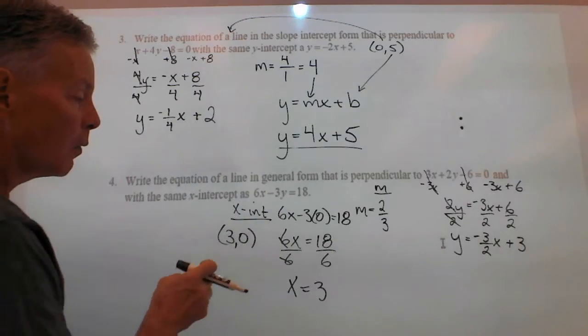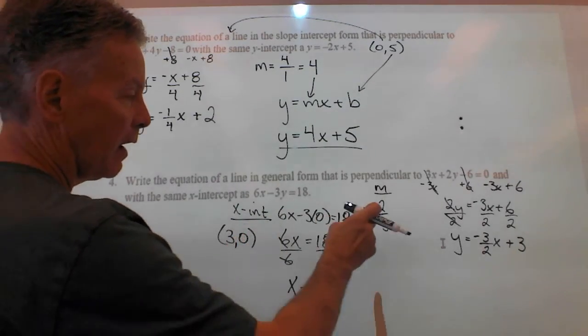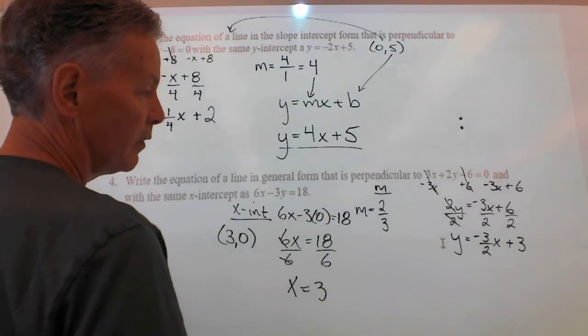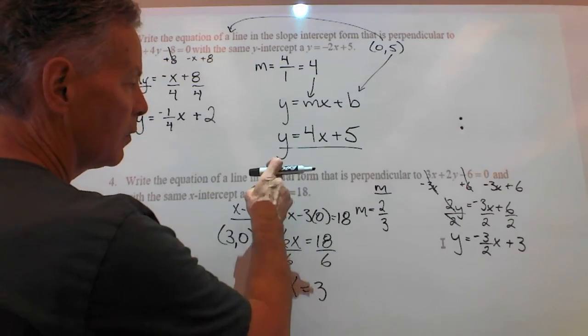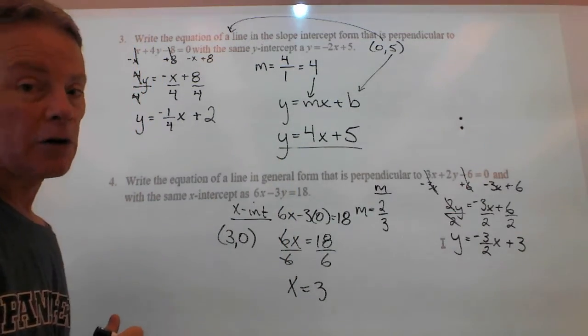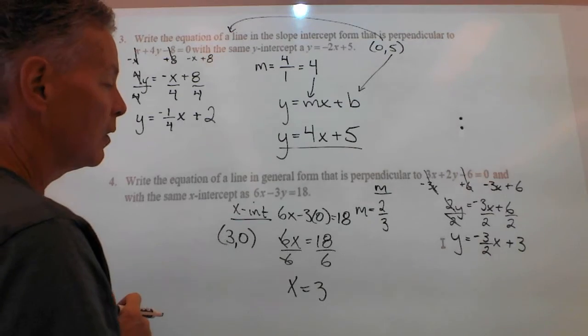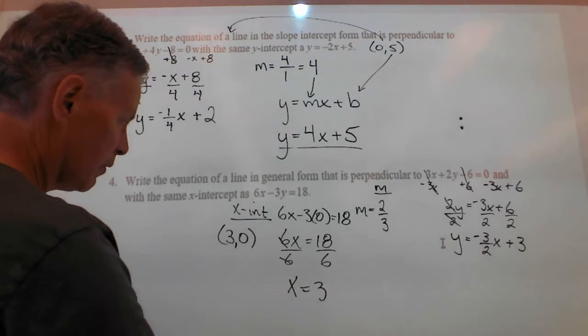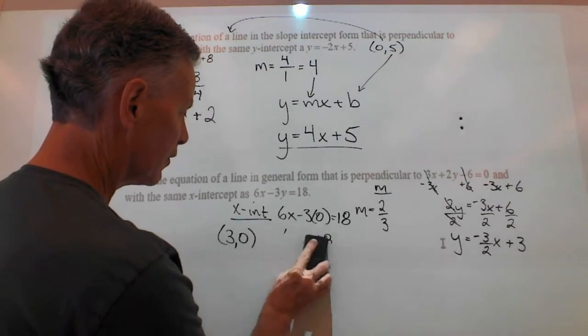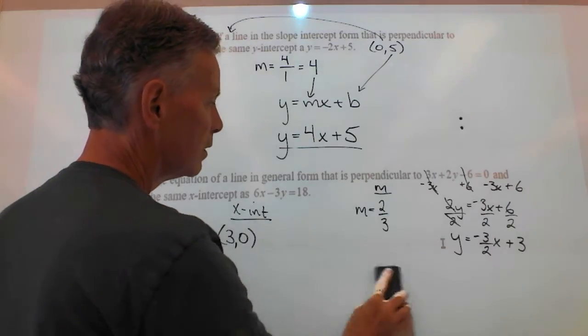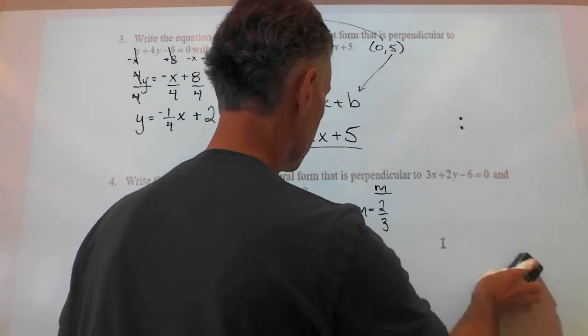Okay? So we're going to plug this point and this slope into point-slope form, and then we'll rearrange it into general form. Okay? So remember, and I'm just going to erase some of this stuff to give us some room. Don't need this, don't need this.